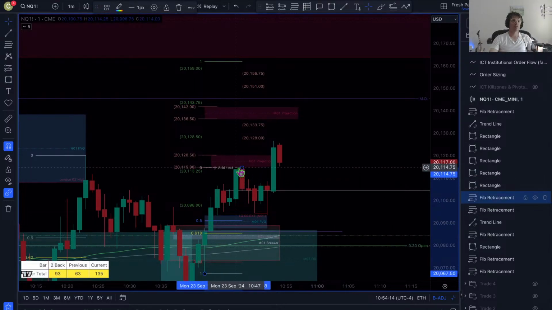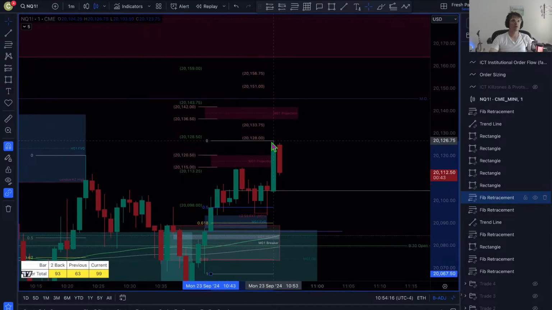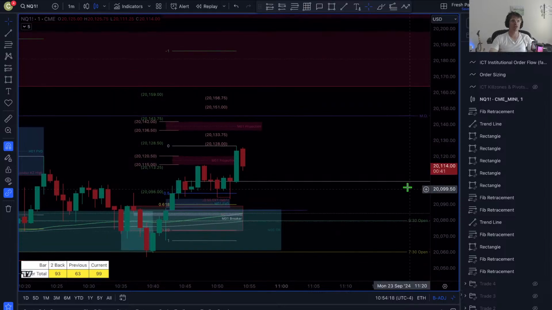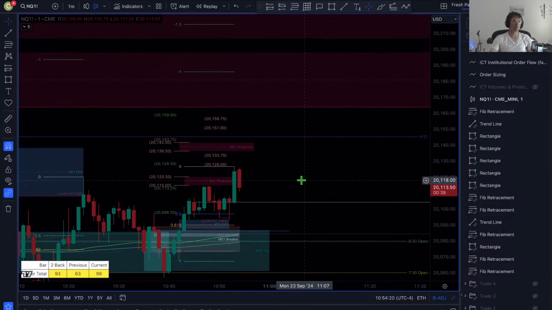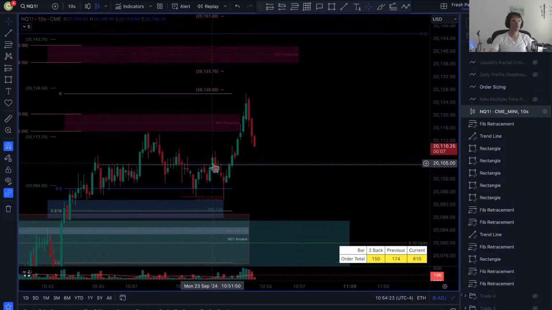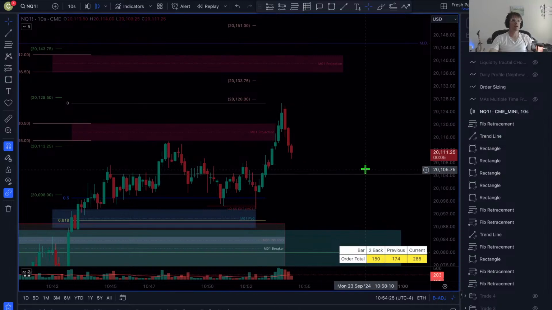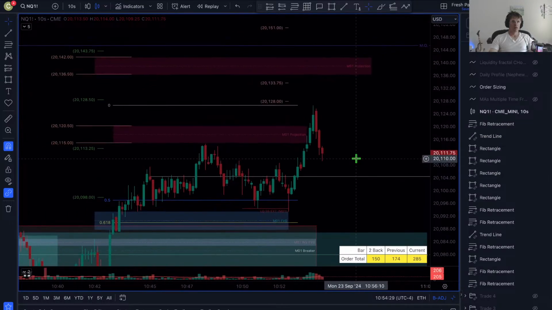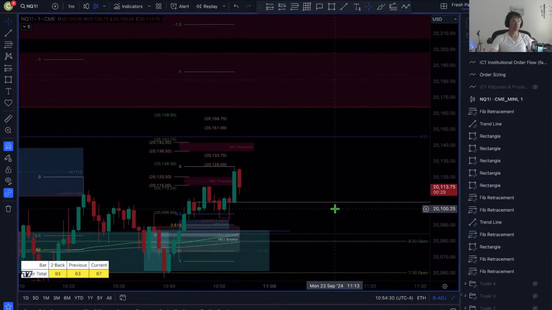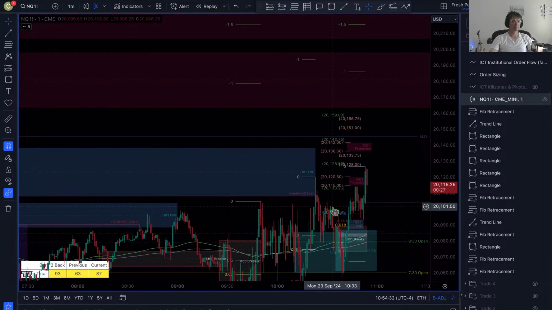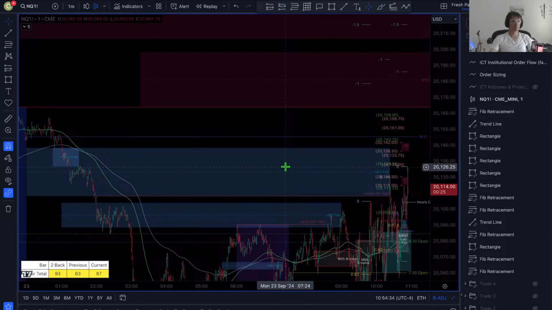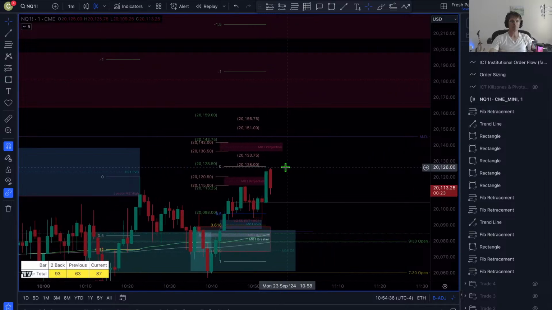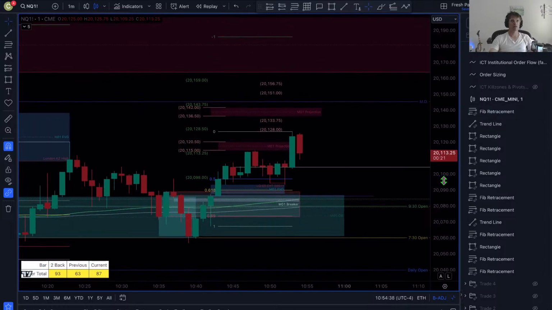Now we're getting to the 11 o'clock here. That also closed through that M1 projection. We haven't quite hit that S10 yet. I think there's going to be an 11 o'clock entry on the JDRS.